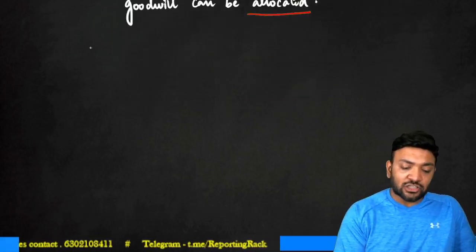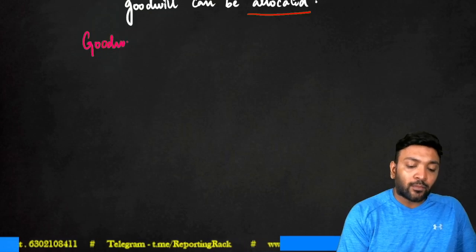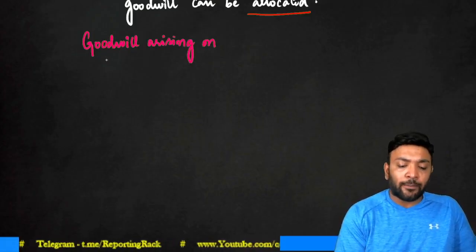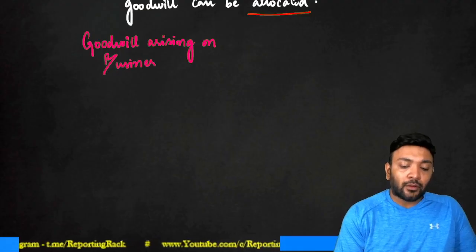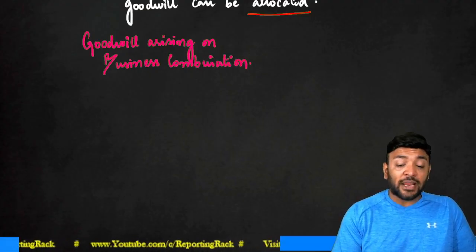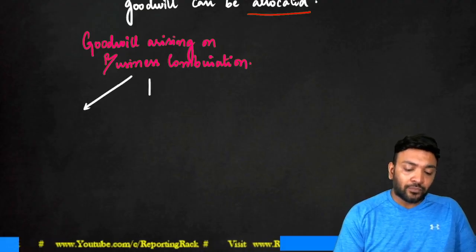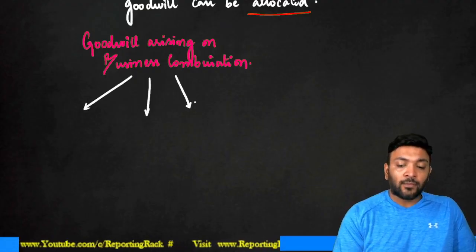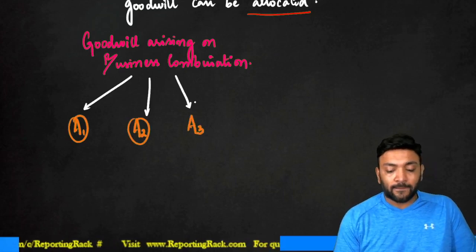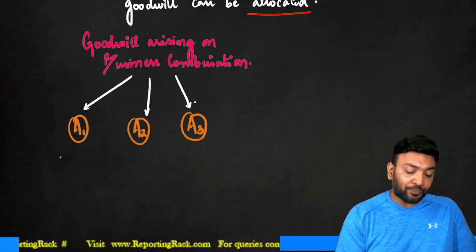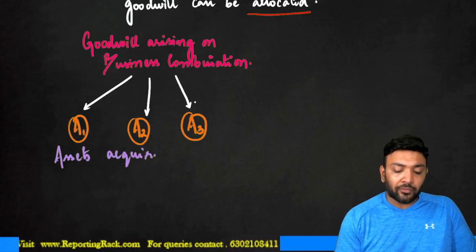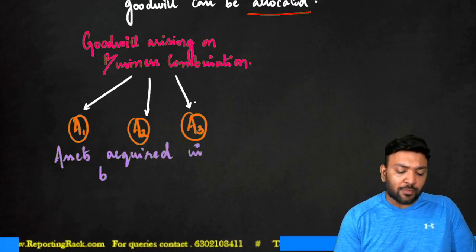So this goodwill arising on business combination has to be allocated to various assets, these are assets acquired in business combination.